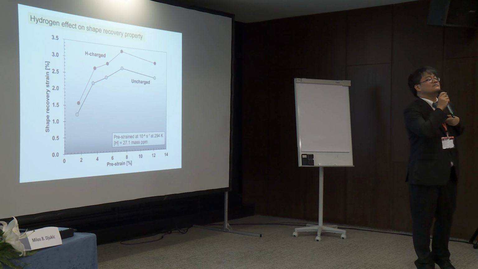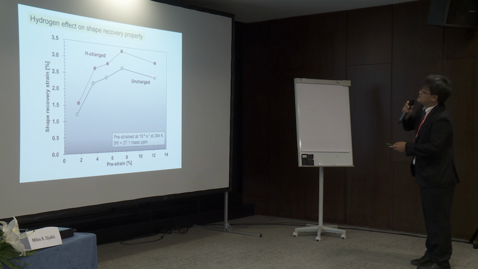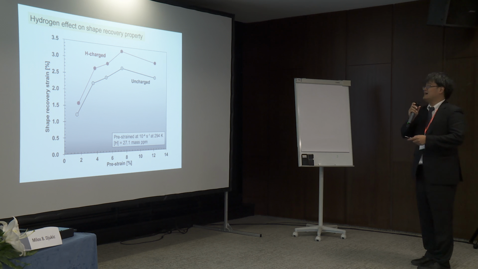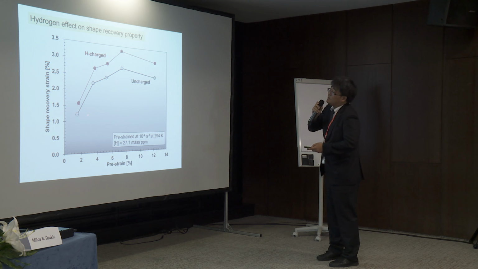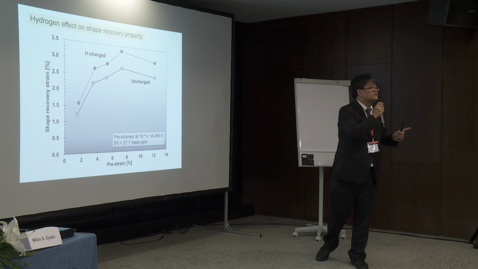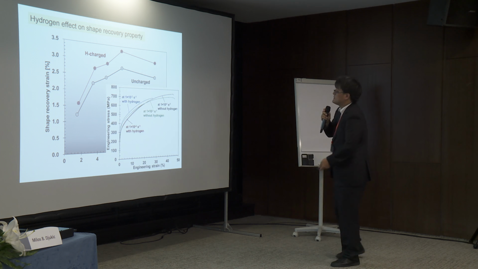I love HCP martensite. The point is, without hydrogen, recovery strain increases with increasing pre-straining. Finally, it is reduced because of the introduction of slip deformation. Since the martensite fraction increased, the shape recovery property was improved. It's great. Please note that.